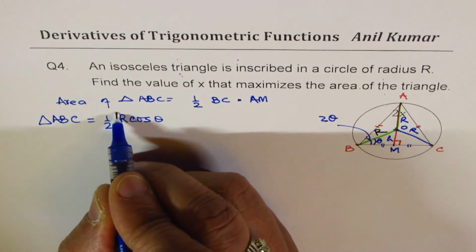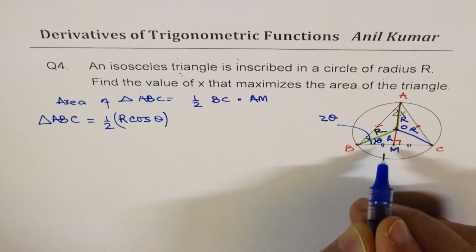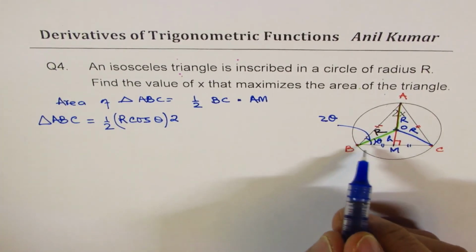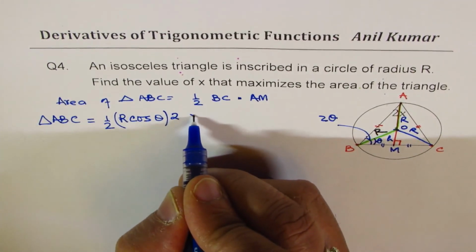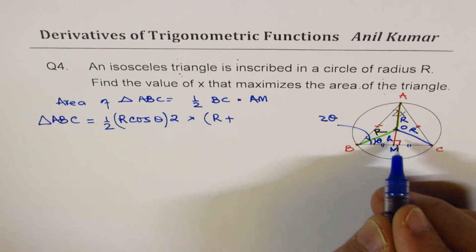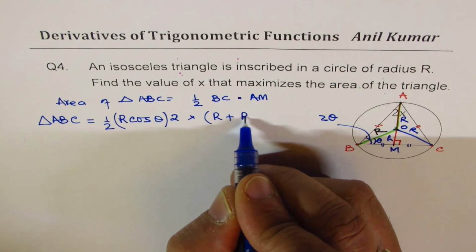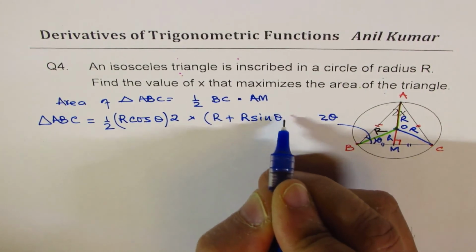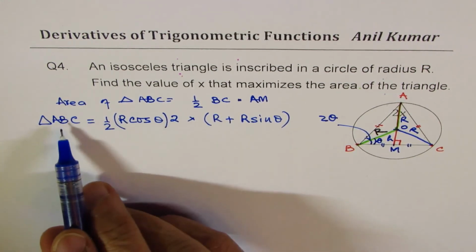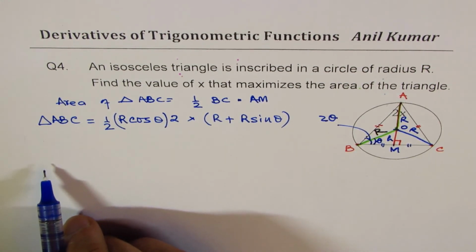So it is R cos theta plus R cos theta, that means times 2, right? So that becomes the base times height, which is R plus R sin theta. Does that make sense, right? I hope that is clear to you. So that becomes the area of the triangle.